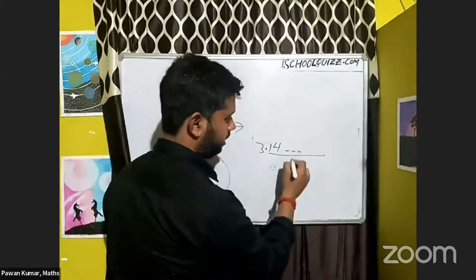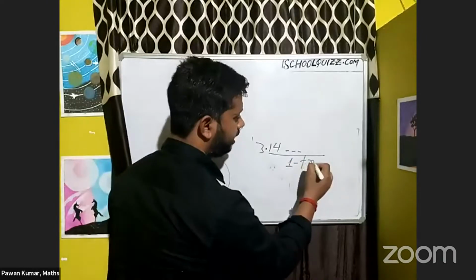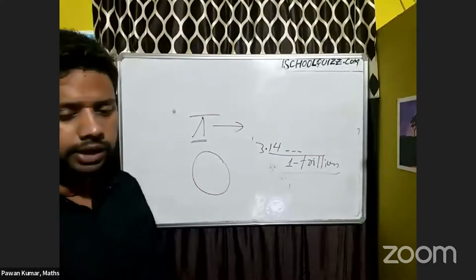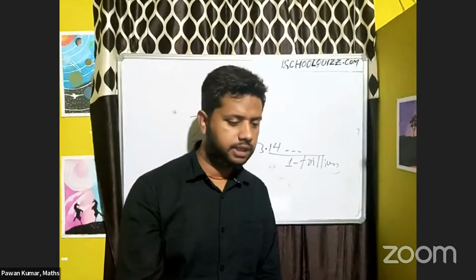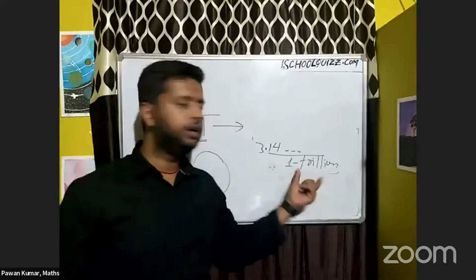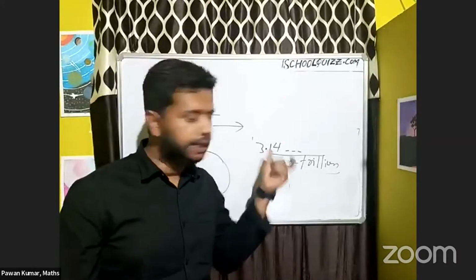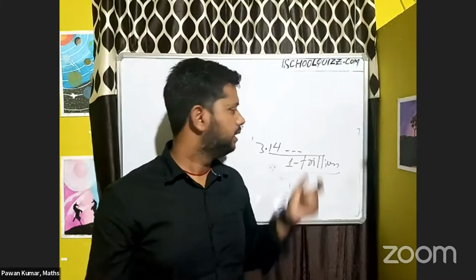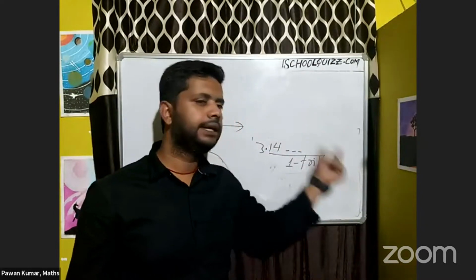After the decimal, they have found more than 1 trillion digits, and still the division continues. Understand? The division is still continuing.